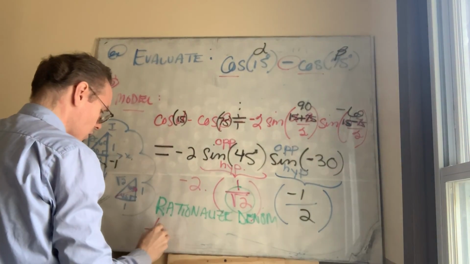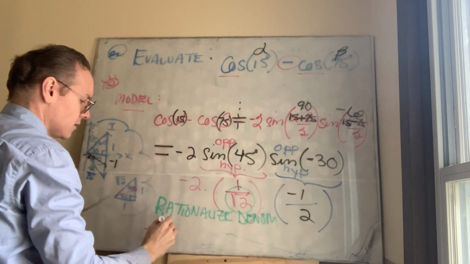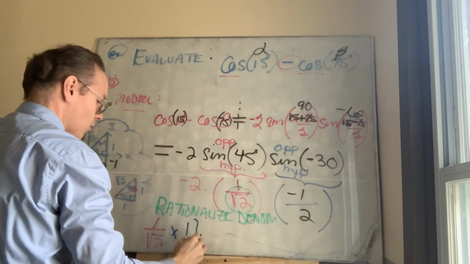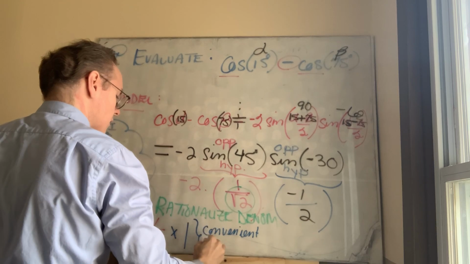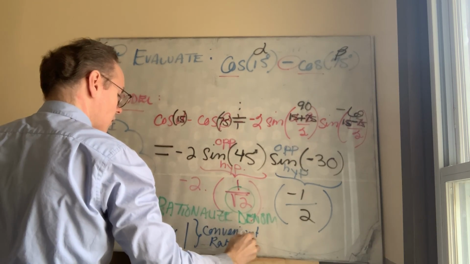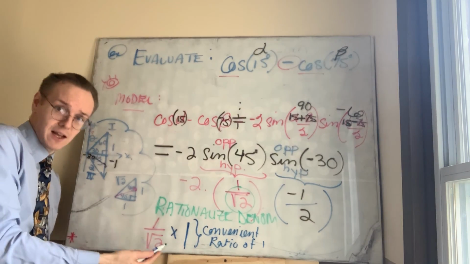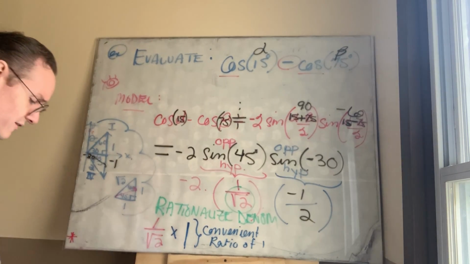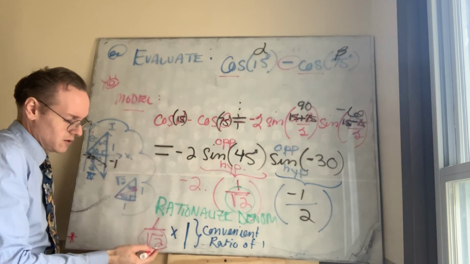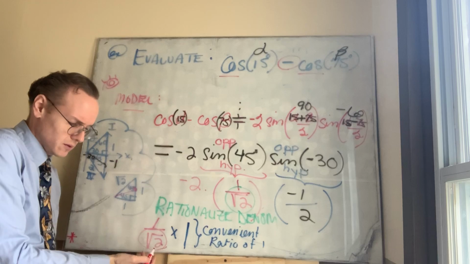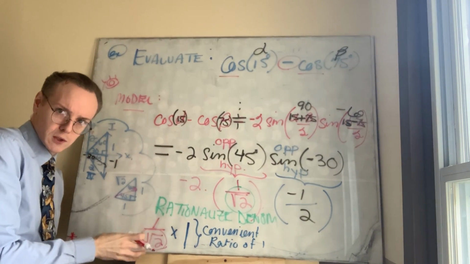So if it was 1 over the square root of 2, then you're going to multiply by a convenient ratio of 1, that is to disguise the amount of 1 so that it manipulates the situation to our advantage. Usually what that means, especially in the case of something that's one term wide, a monomial, it's just one chunk, right?